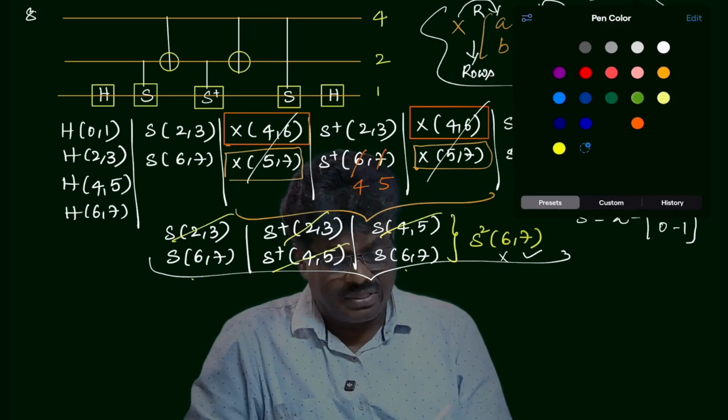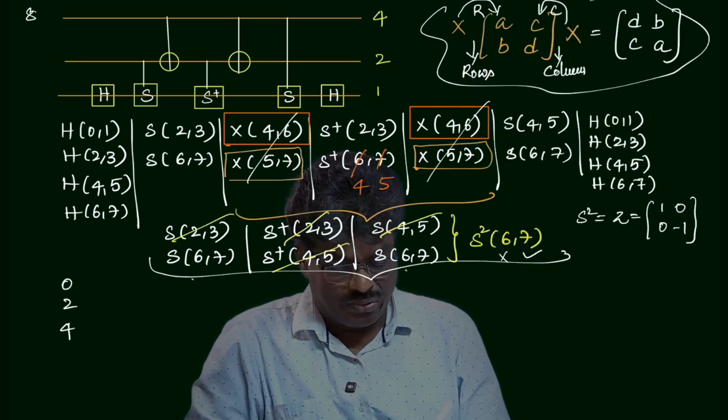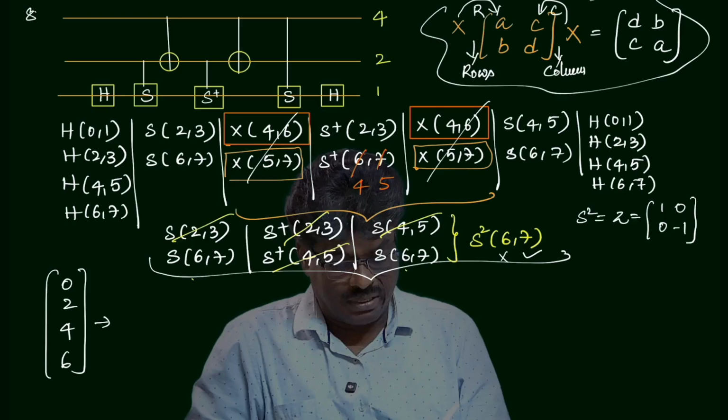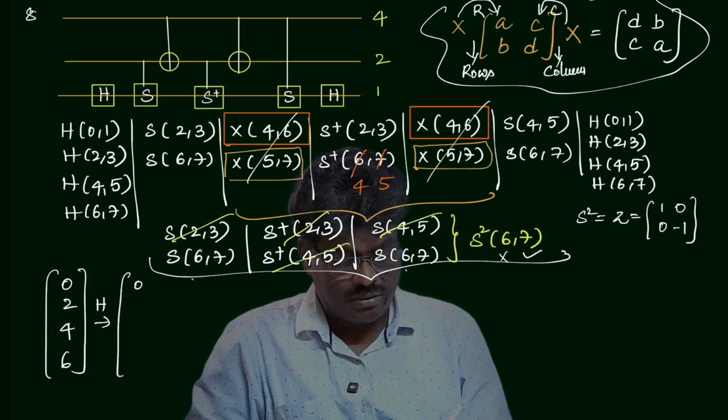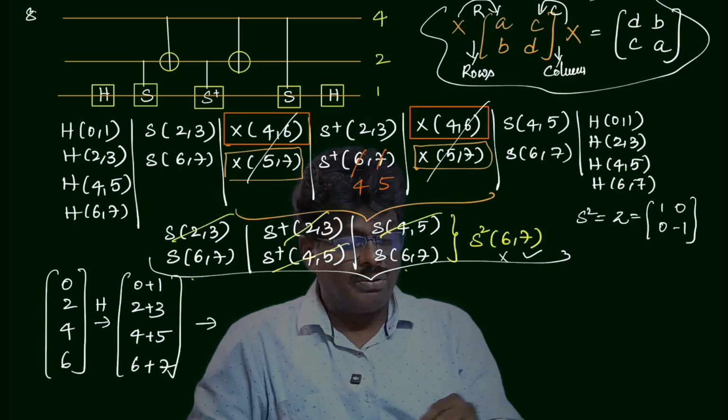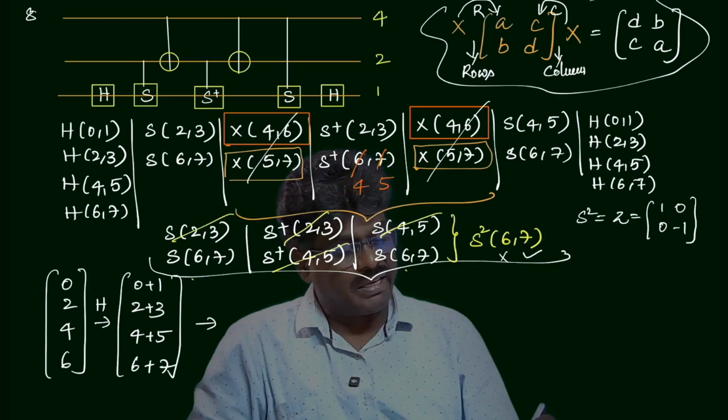I am taking the first elements 0 2 4 6, because it is easy to write the next one. I am taking Hadamard on 0 plus 1, 2 plus 3, 4 plus 5, 6 plus 7. Now you need not operate all these things directly, though you can.